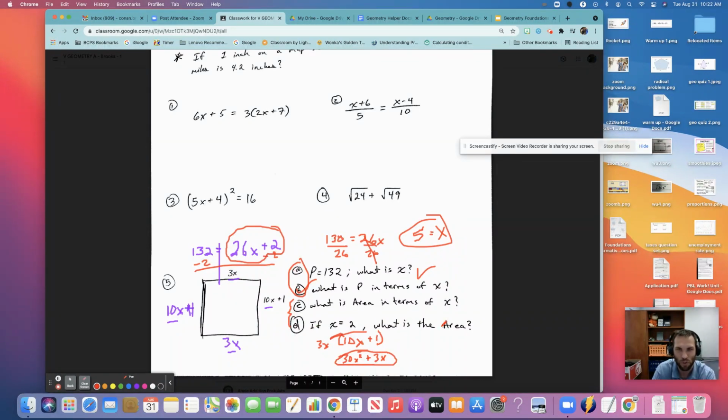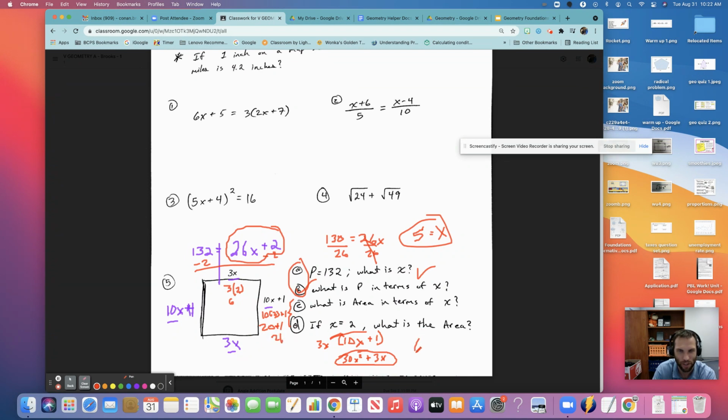And if x equals 2, what is the area? So this would be 3 times 2, which would be 6. And this would be 10 times 2. I'm plugging in 2 into x plus 1, which would be 20 plus 1. And so you would have 21 as the area.